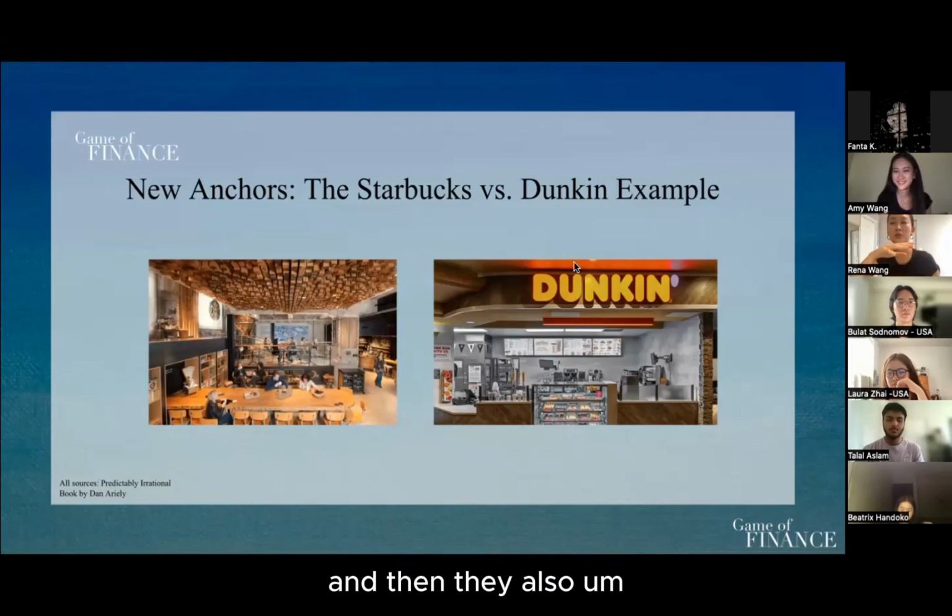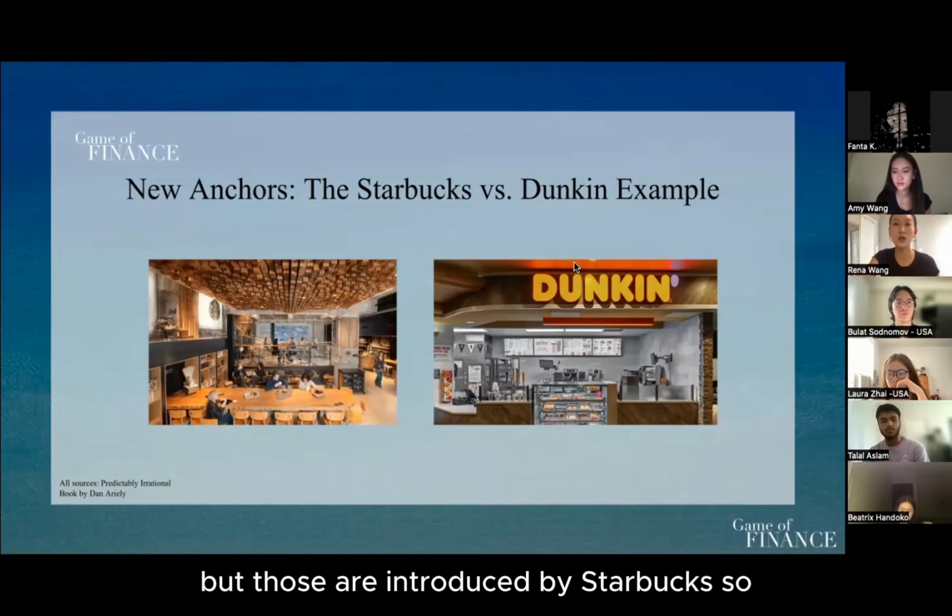Whereas Dunkin' Donuts just did small, medium, large coffees, Starbucks took a turn. They did the short, tall, grande, and venti, as well as drinks with more fancy names like cafe americano, cafe misto, macchiato or frappuccino, which were introduced by Starbucks.